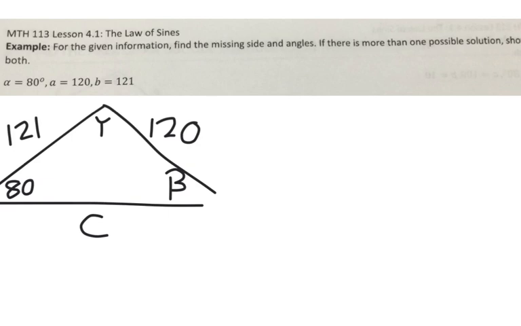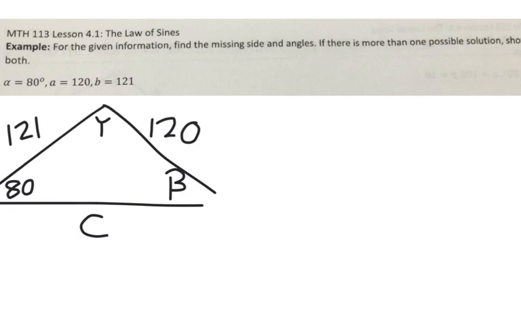Technically, this side, if it could freely swing, it could be over here and still be 120. I don't know which one it is. So either angle gamma could be obtuse, bigger than 90, or it could be a very small angle to fit this side. It's basically like a swinging side. And we don't know for sure when we're given this case which of those it is.